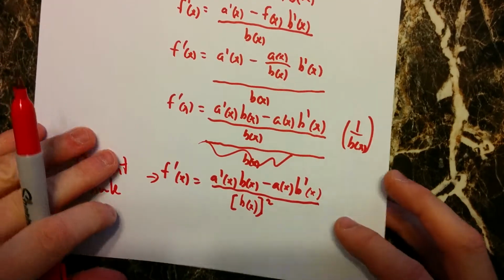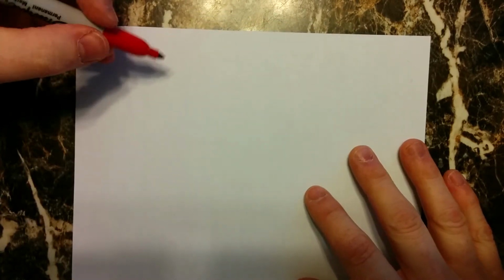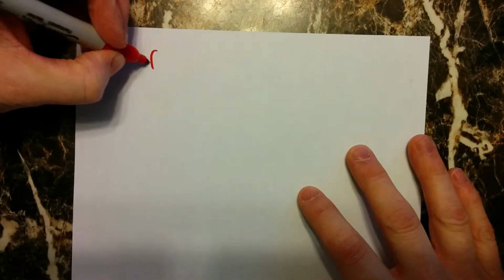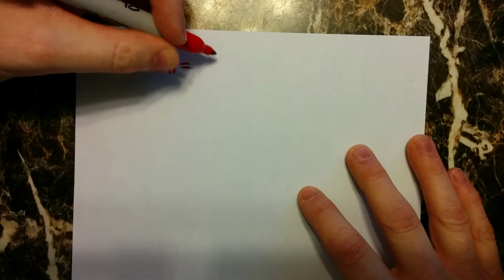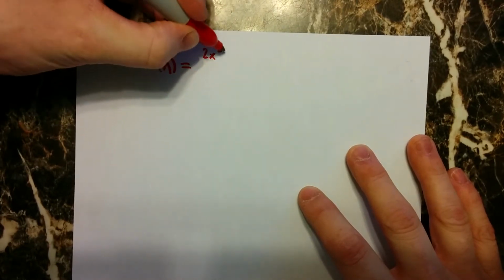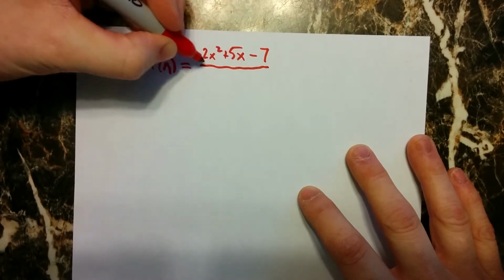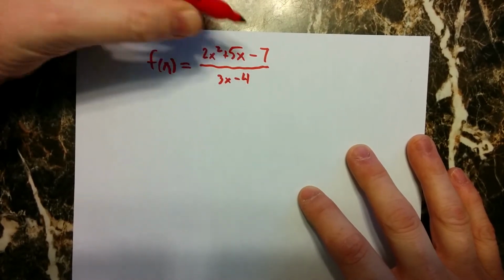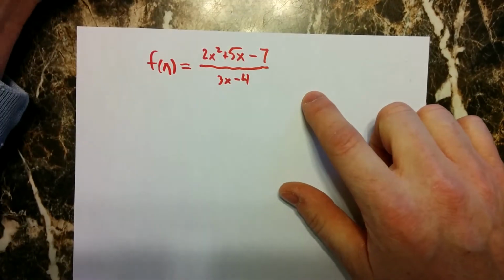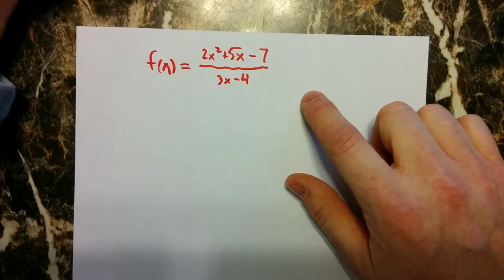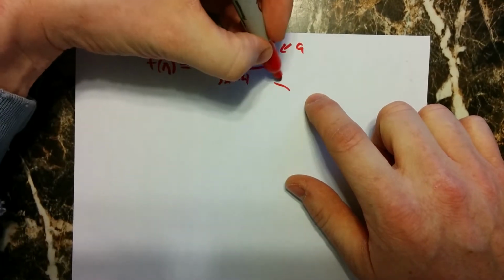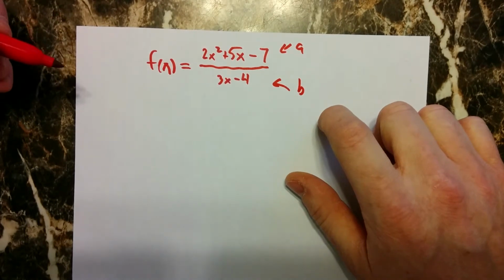Now we'll revisit our original example just to show you how it works. The original example was 2x squared plus 5x minus 7 over 3x minus 4. According to our proof, that's going to be a, and that's going to be b.